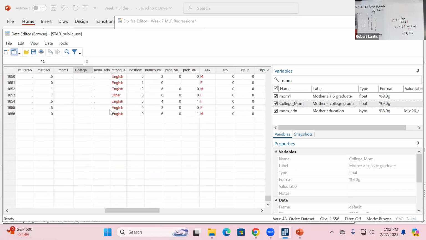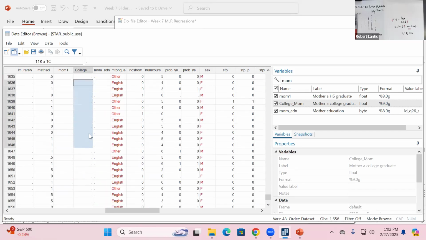Let's go all the way down here. There are some observations where that college mom variable is just missing. So when I didn't use that variable, Stata was using these observations because there wasn't any missing data.